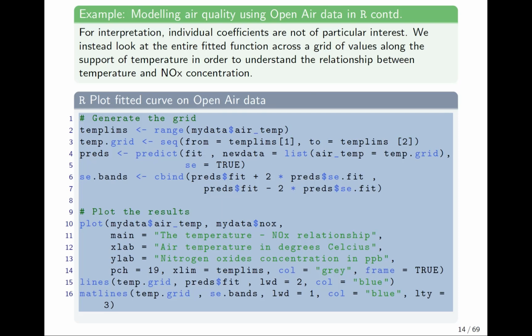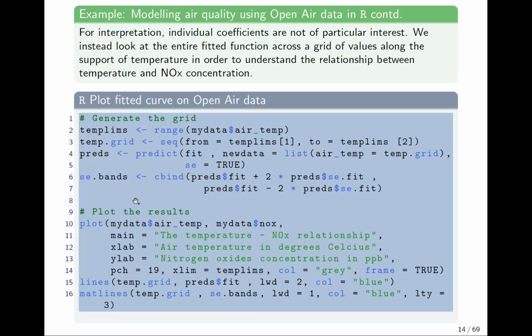So to do this, first of all, we identify the range of X that we're interested in. We then generate a grid that covers this range comprehensively. We generate predicted values from the model over this range using our grid. And we also calculate bands of standard errors.